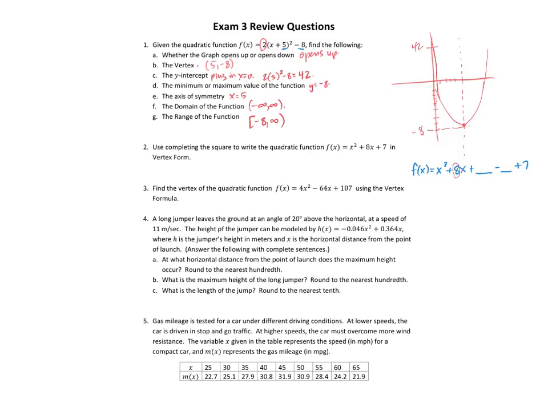And so what do I want to add? I want to add here (8/2) squared, and I want to also subtract that. And so when I do that, 8/2 is 4, squared is 16.